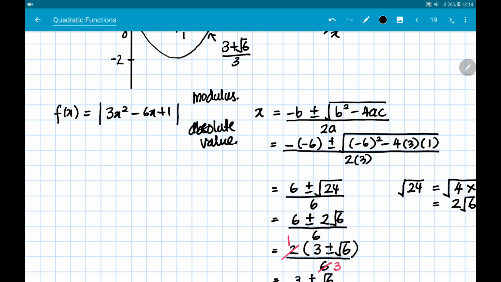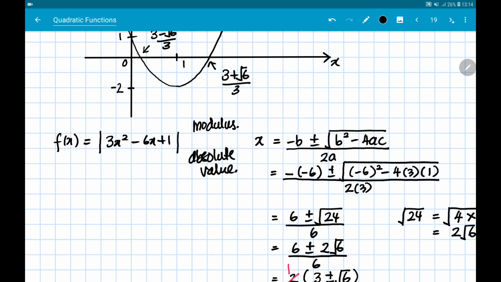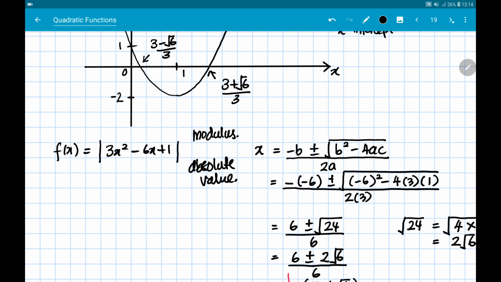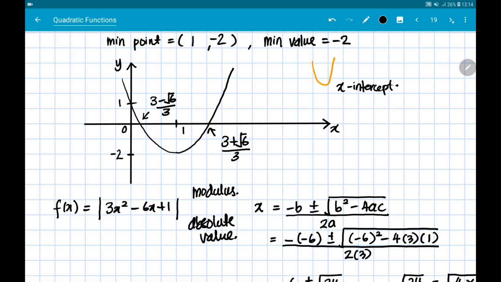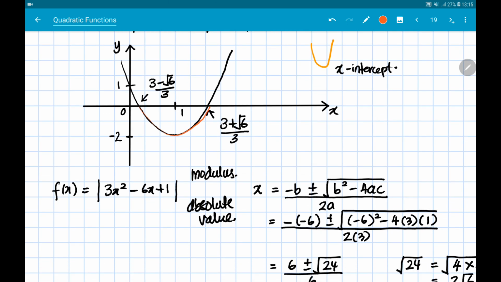What this means is that when we sketch the graph, we go through the same process, but the final result, the graph, we will need to reflect along the x-axis. What this means is that the graph cannot be underneath the x-axis. Can you see here, this portion of the graph is sitting below the x-axis. So if we are going to sketch a graph which contains this modulus symbol, we will need to flip the graph.